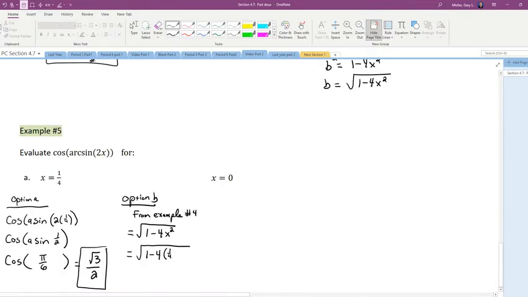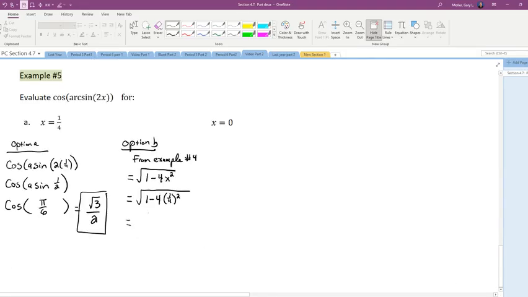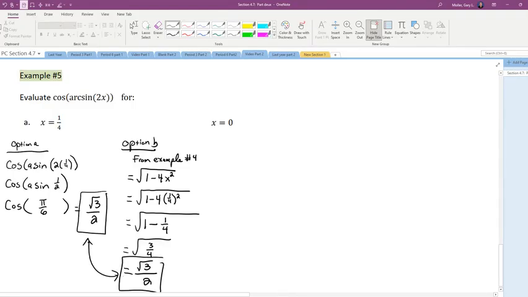So I get 1/4 squared, which gives me the square root of 1 minus, we have 1/16, but I have times 4, so that should end up being 1 minus a fourth, which should end up being 3/4. And when I take the square root of 3, I get the square root of 3. And when I take the square root of 4, I get 2. I get the same answer.